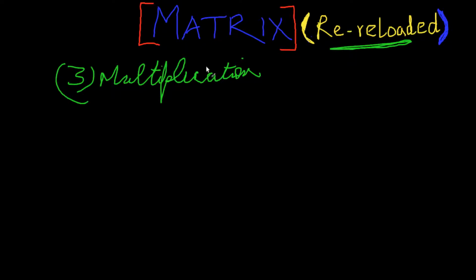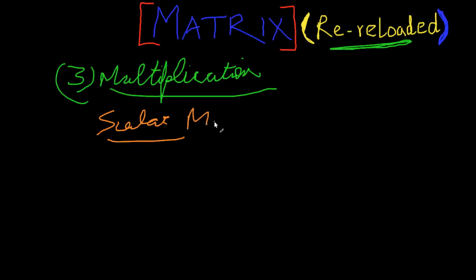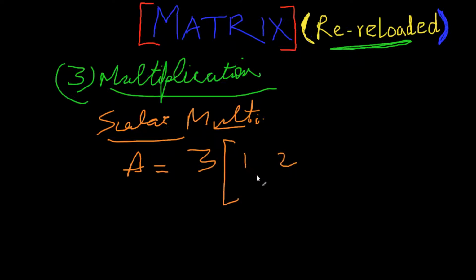Right. So guys, multiplication has two portions to it. First one is scalar multiplication. This is the very easy part. So guys, if I have a matrix A, which the exam or the test or the book denotes as 3 times 1, 2, 9, 6.